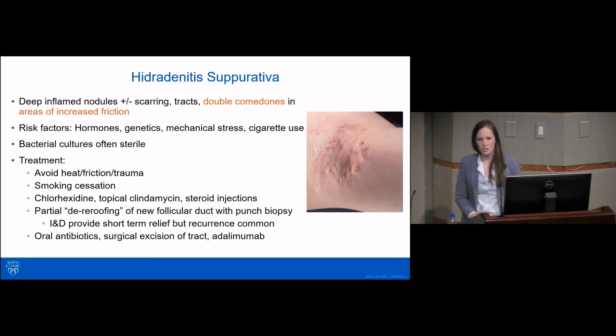You don't want to start I&Ding these, even though it's tempting, because that will introduce bacteria and aggravate that inflammatory process. For more chronic treatment, there are topical and oral antibiotics. You can use particular lasers, surgical excisions, immunosuppressants, etc.